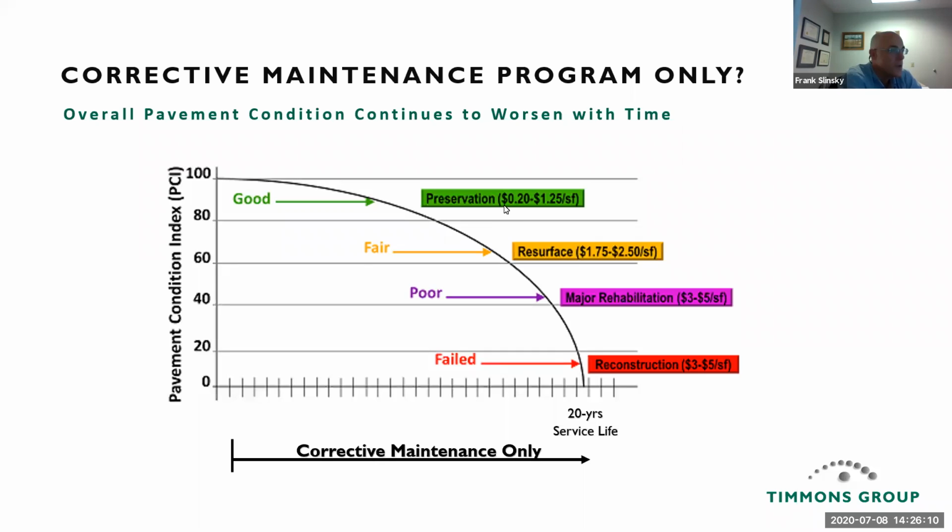So you could see some unit costs, a little bit old, but they're still valid for the talk here. But the preservation cost per square foot would be less in the early years. Then the pavement continues to decline and the cost goes up until you're dealing with a full reconstruction at the end of service life.